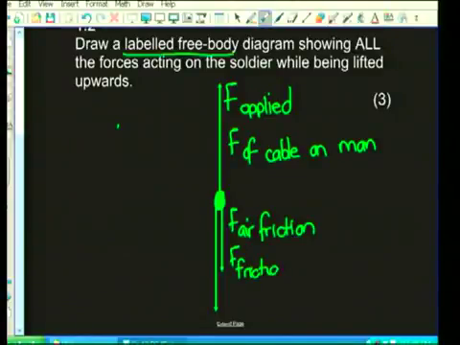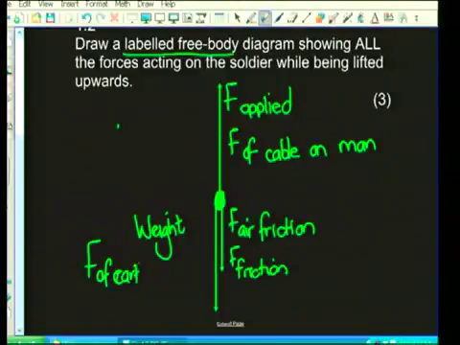Simple like that, that's easy. The other one is his weight. So we can call it weight, or we can call it the force of the earth on the man. Okay, full labels. Please don't write all sorts of little letters all over the place. Write it out.